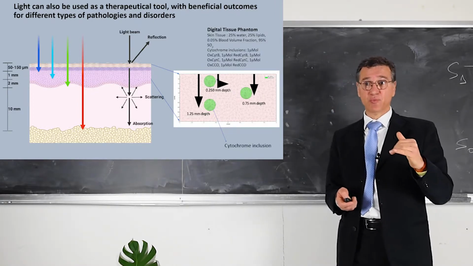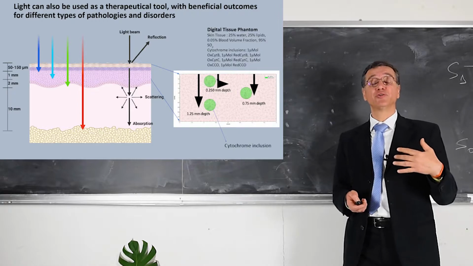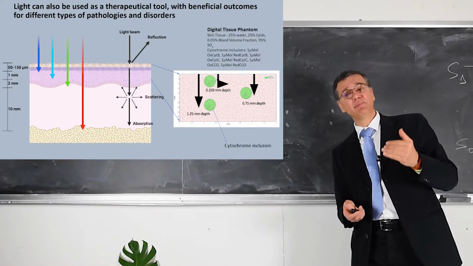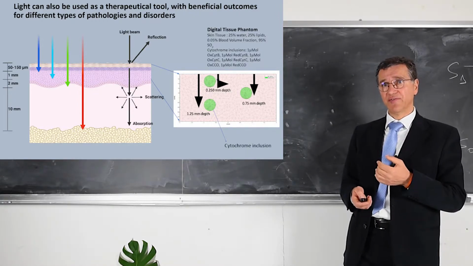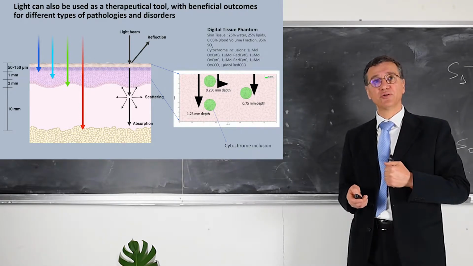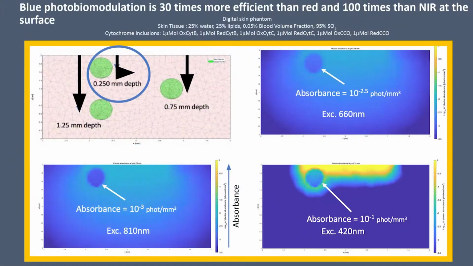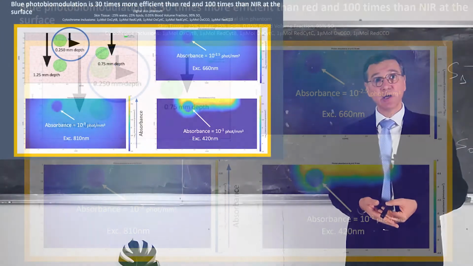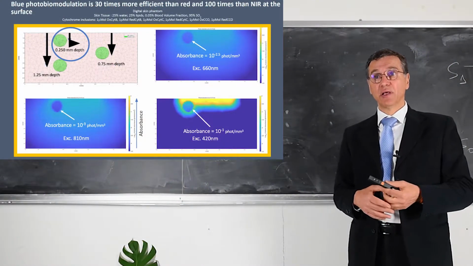The first one very superficial, 0.25 millimeter. The second one a little bit deeper, 0.75, and the third one a little bit deeper, 1.25.